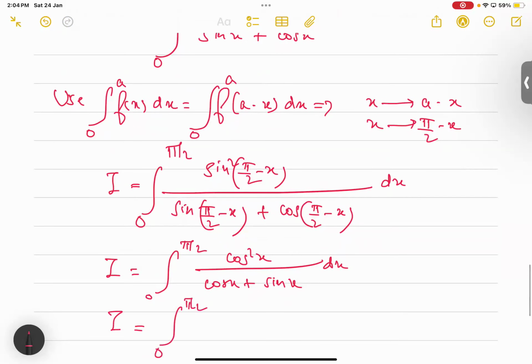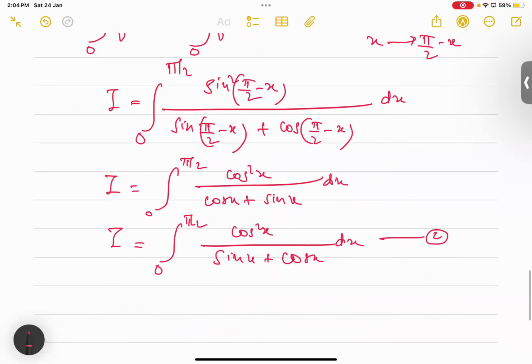Interchange the denominator, as in change the order. Now what are you going to do? Add 1 and 2.